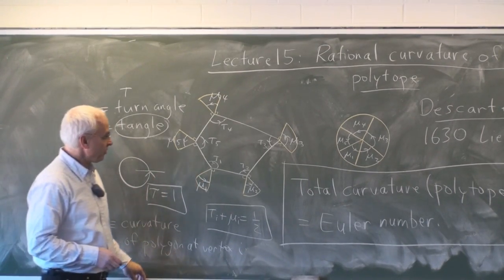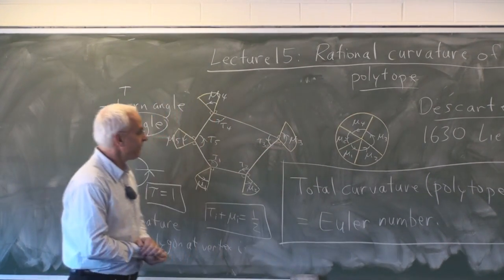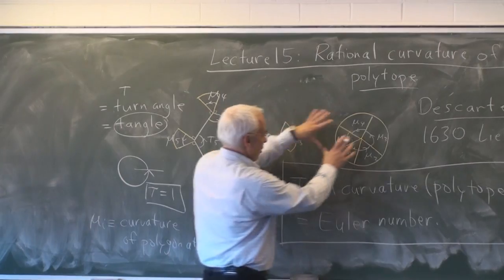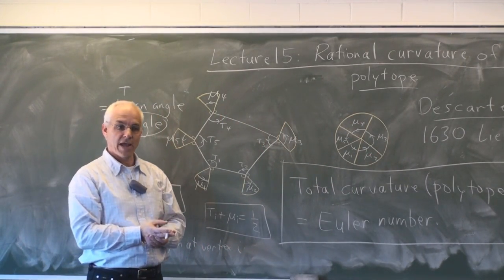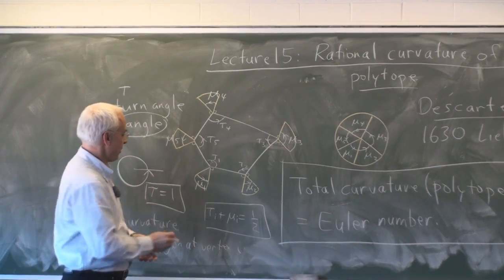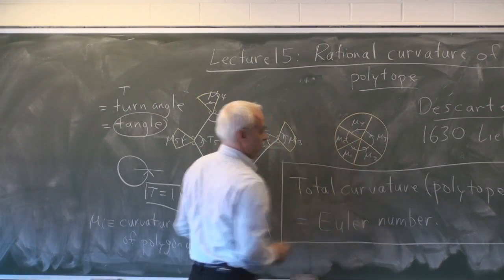And then what we can see immediately geometrically is that if we put these various tangles together and arrange them in a circle like this, then the total turn angle or tangle is 1. So there's mu 1. I've just taken these two sides and translated them there.